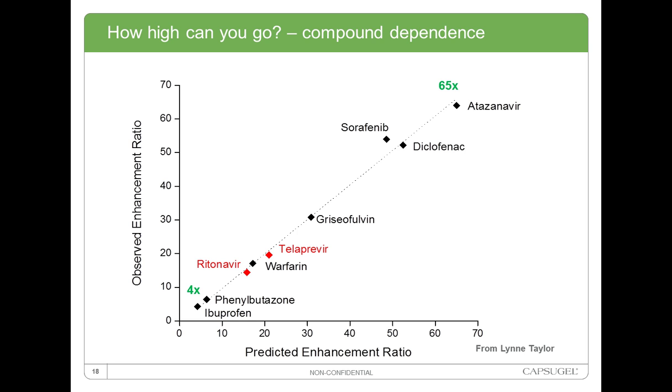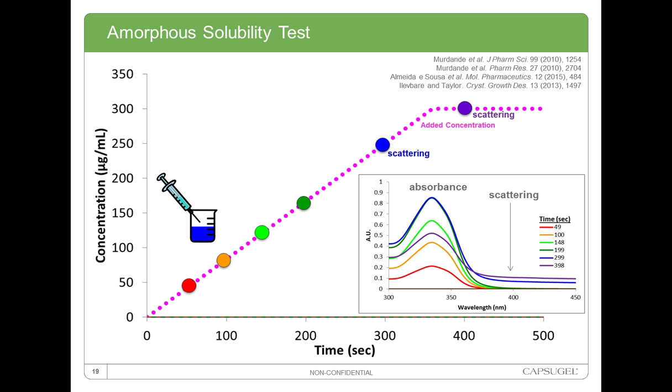And you can see here it ranges from 4 to 65 times the crystalline solubility. We have now measured the amorphous solubility of dozens of compounds in our labs as well, and we have seen an even extended range from this. We have seen amorphous enhancement ratios ranging from as low as 1.1 all the way up to greater than 100 times the crystalline solubility.